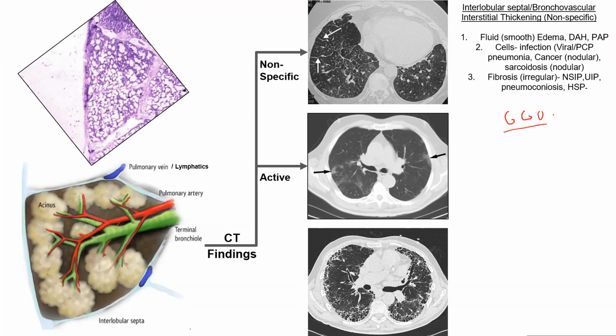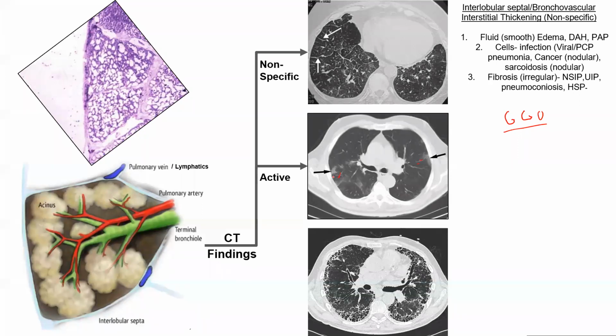But what is the difference between consolidations and ground glass opacities is that with ground glass opacities, you can see the vasculature, right? So here this is actually a patient with COVID, and you can still see the vasculature leading up inside the ground glass opacities. So that's kind of what differentiates that versus consolidations, where you really can't see anything within a consolidated unit.